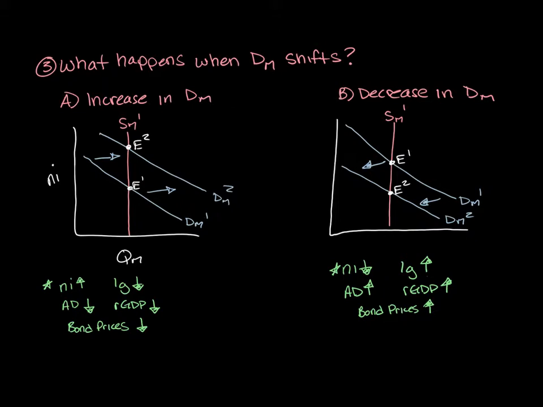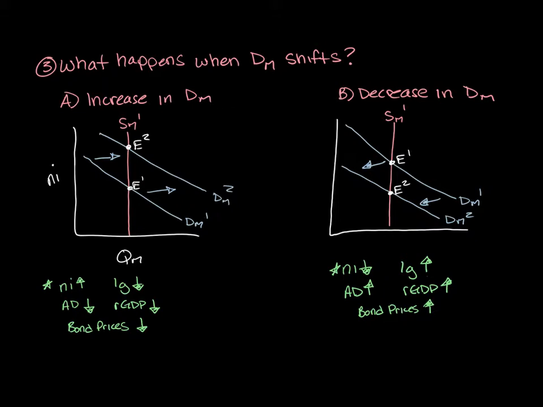So we'll see leftward shifts in aggregate demand when the scenario illustrated here in A occurs, and those leftward shifts result in lower levels of real GDP. So essentially, increases in the demand for money will drive up nominal interest rates, which will eventually harm the economy because higher interest rates dissuade consumers from buying expensive products and dissuade businesses from investing.